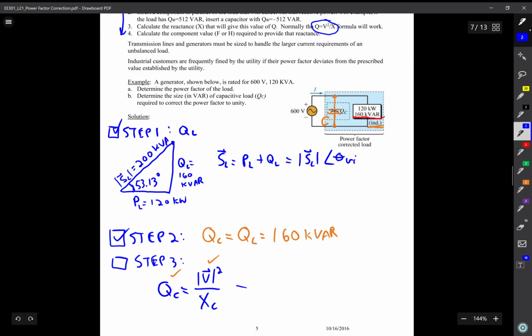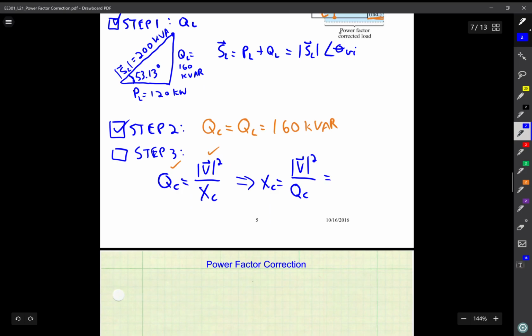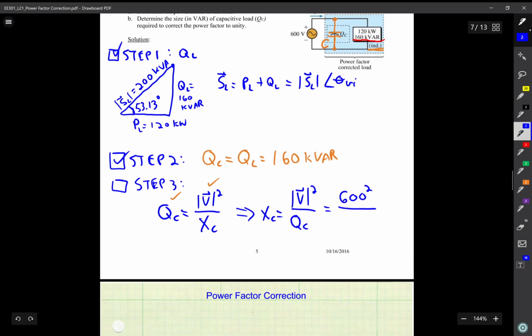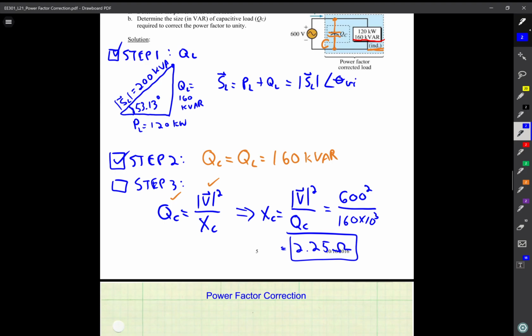I'm going to solve for X sub C is equal to the voltage squared divided by QC, which is equal to 600 squared divided by 160 times 10 to the third, which is equal to 2.25 ohms. That's my reactance, X sub C.